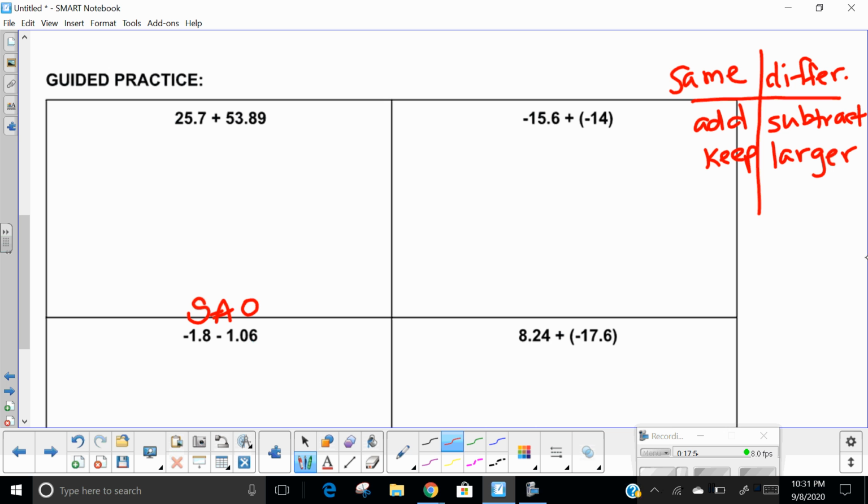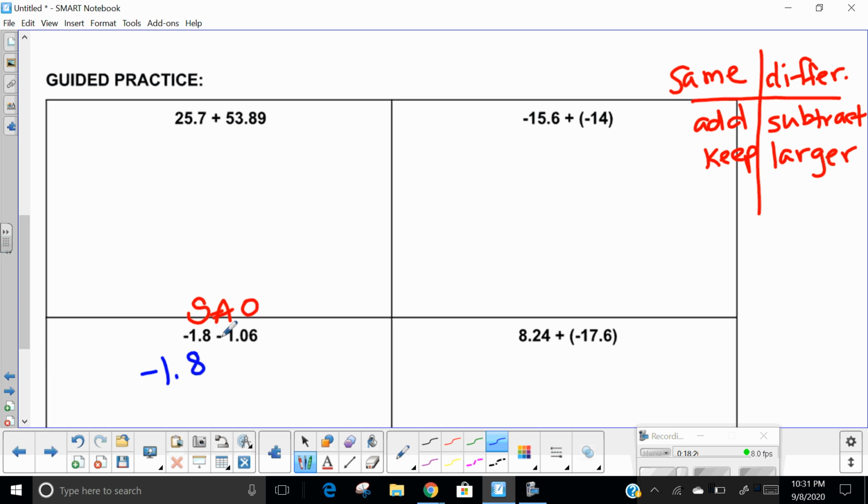We're going to take the first number and we're going to leave it the same. Because remember, this is subtracting. This begins with S, so we're going to use the SAO. S, that stays the same. Now, it's important that you rewrite it this way.